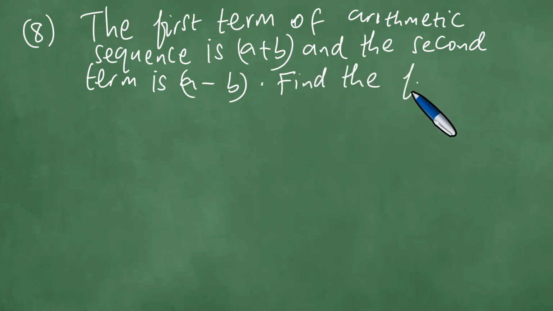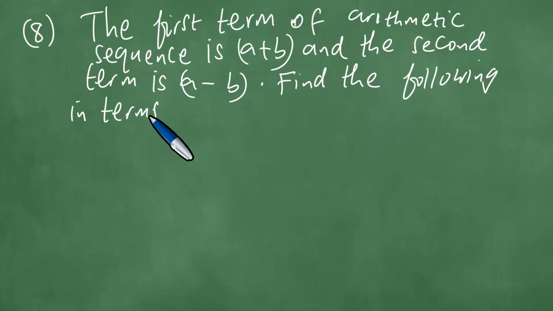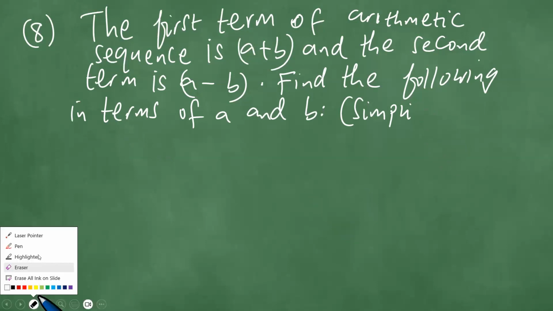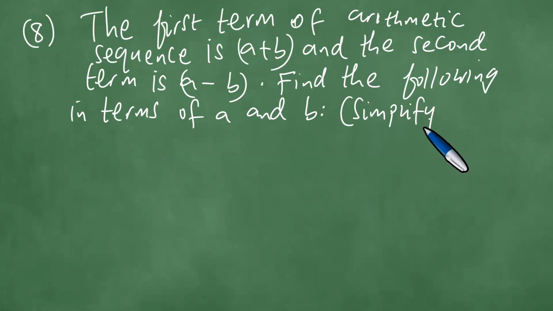Find the following in terms of a and b. Simplify your answers.